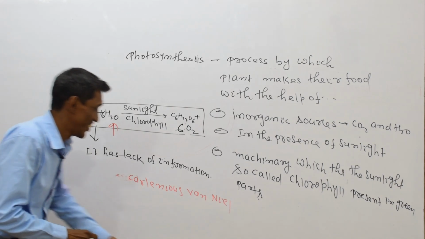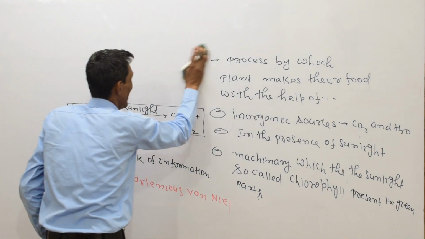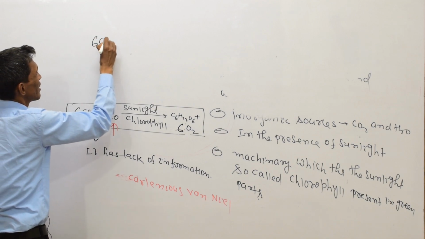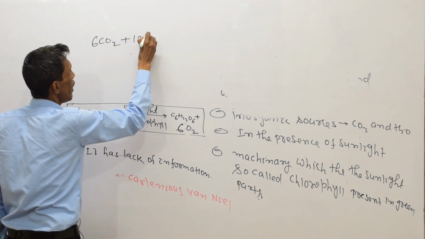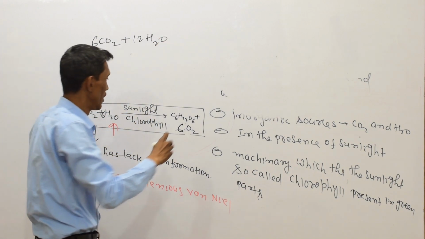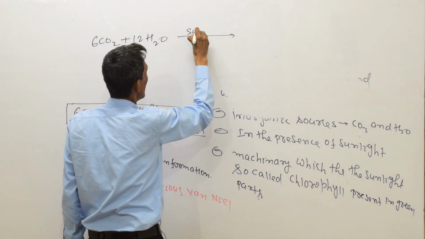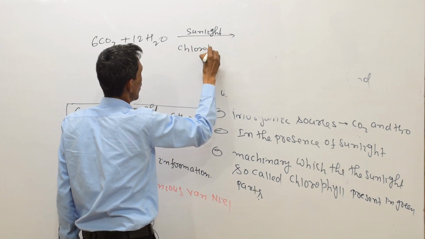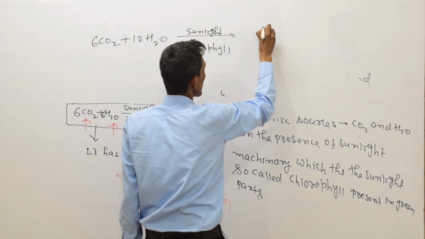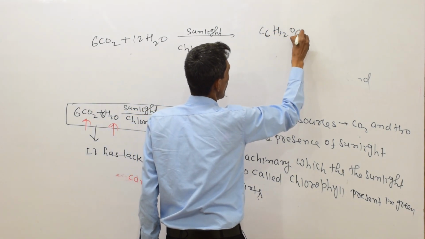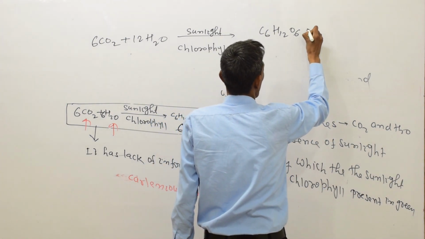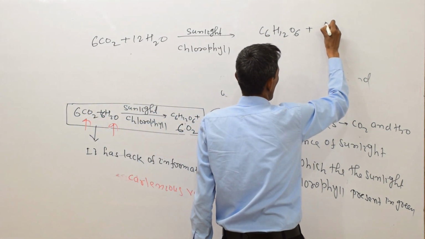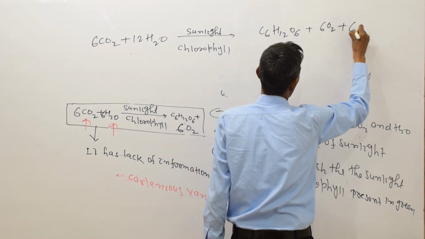And the equation is what? In class 10 NCERT, it is written like this: 6 CO2 and here 12 H2O, and again here sunlight and here chlorophyll, giving C6H12O6, and then 6 O2, but here also 6 H2O.